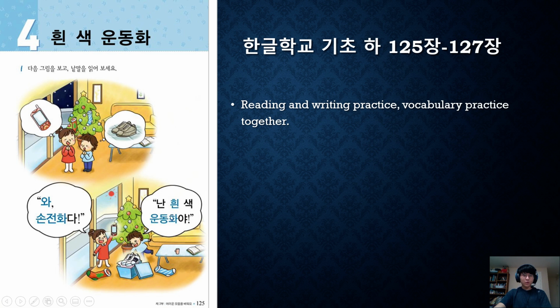I got white sneakers. Wow, both of them got their Christmas gift. A phone and sneakers. 와, 손전화다. 난 흰색 운동화야.